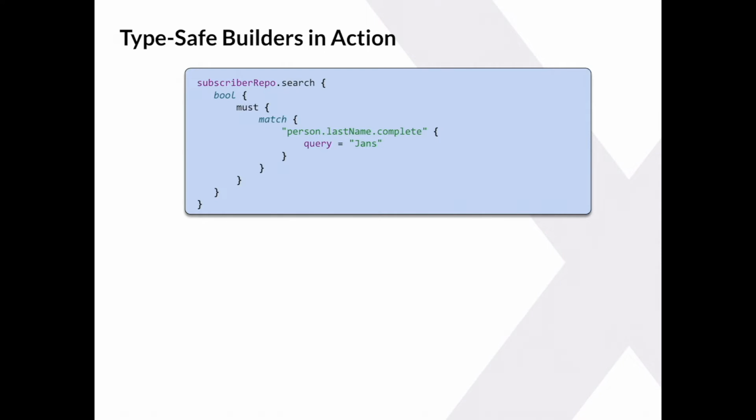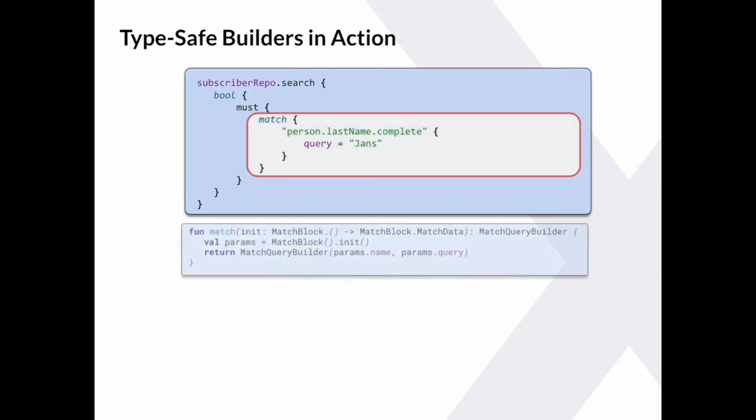So apparently we have somewhere a context object, which has a bool method. When you create bool, you probably have something with a must. And when you create must, there is something with a match, well, that's a special one. Also, you have a string, and then you can do stuff. That's the more advanced one. And for now, we're actually focusing only on this particular piece. See how this is built up.